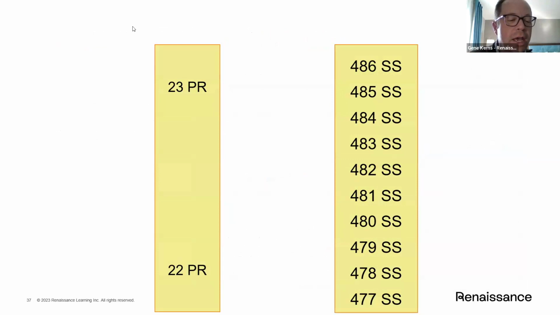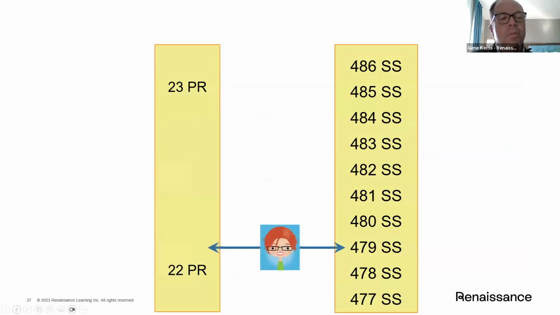It's a smaller thing. What this animation is designed to show you is there are multiple scale scores that might be associated with the same percentile rank. So being at the 23rd percentile rank might be anywhere between 479 and 485 in this model.